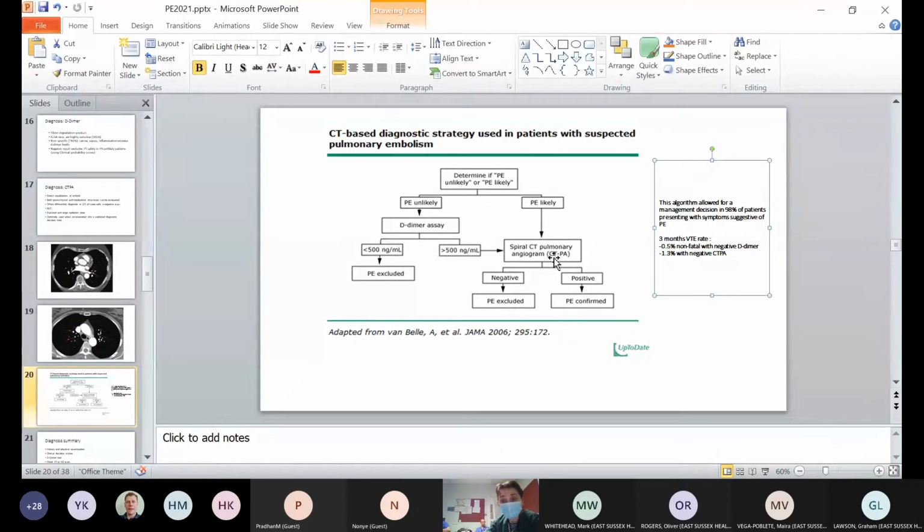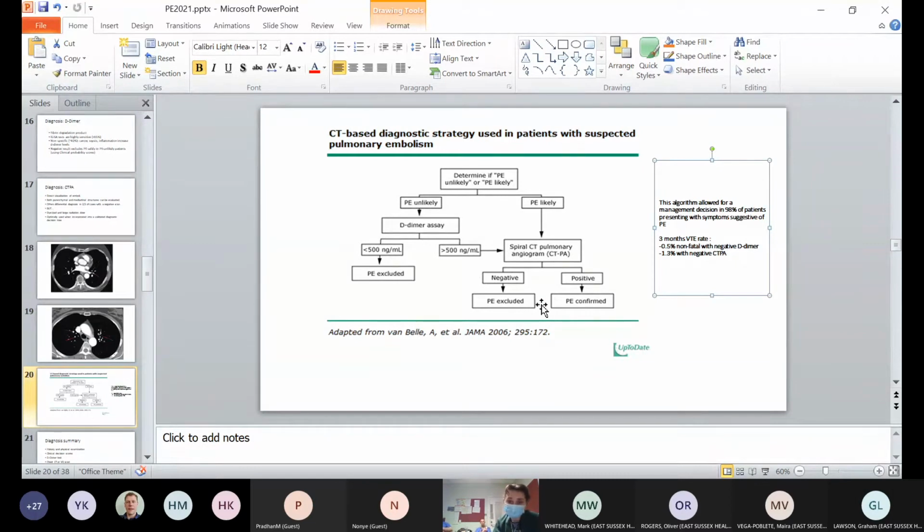And even when the CTPA was done and it's negative, in 3 months' time 1.3% would have a positive scan for PEs. So nothing is perfect in this system, but you have to have a system. There's a small percentage.